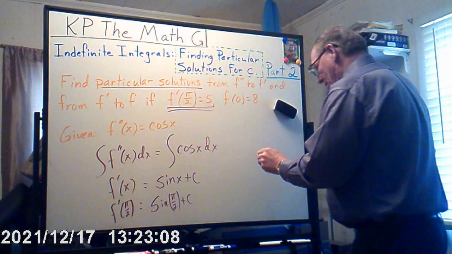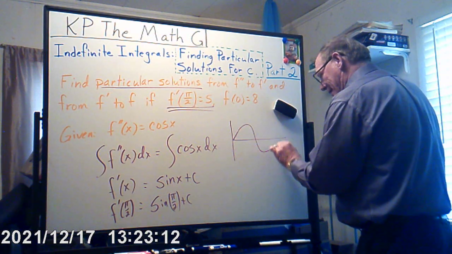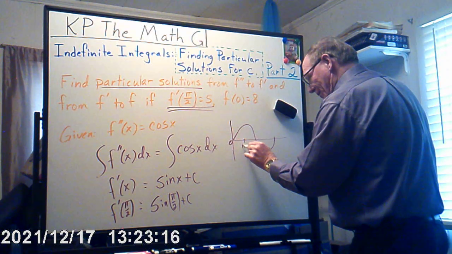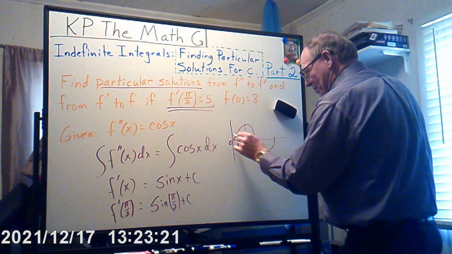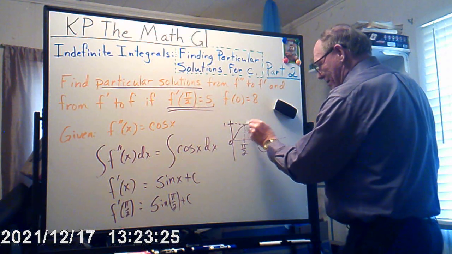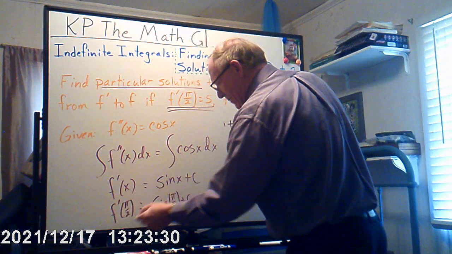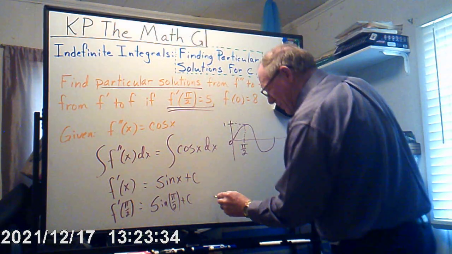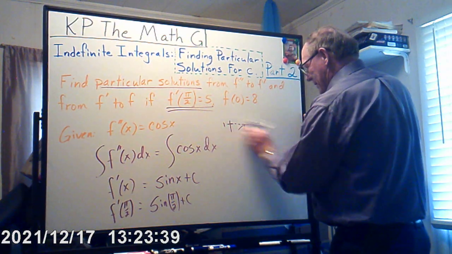And if you draw the graph of sine, here's 0, the next important point is pi over 2, and that y value is 1. It corresponds to 1, doesn't it? So we're saying that f prime at pi over 2 is 5, so we're going to put 5 in that place. Let me erase this.